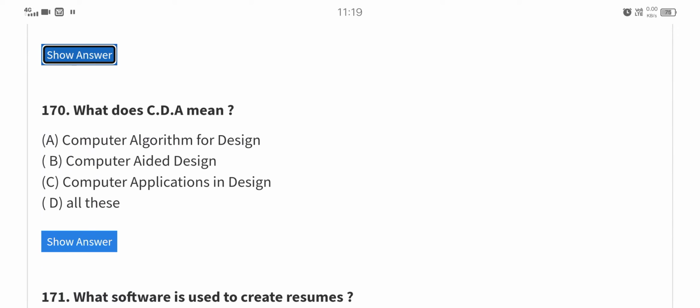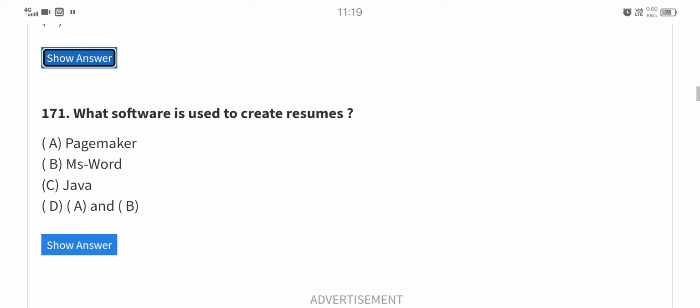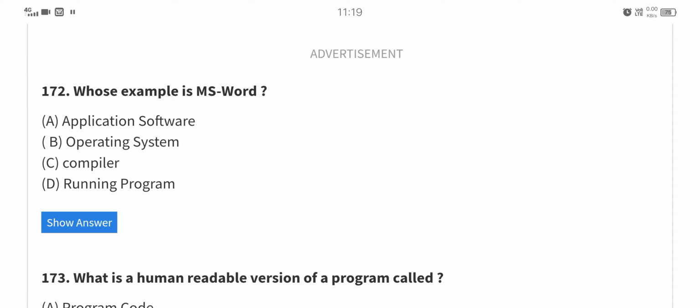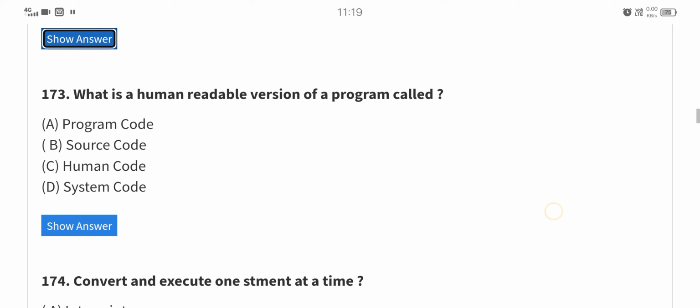What does CAD mean? Computer Aided Design. What software is used to create a resume, PageMaker or MS Word? MS Word is an example of application software.